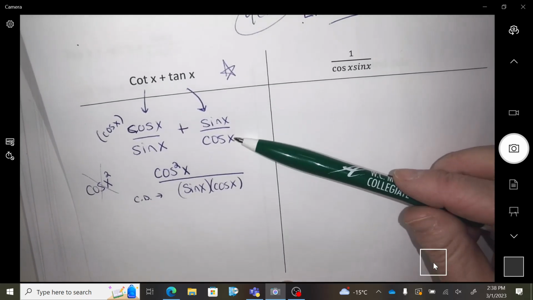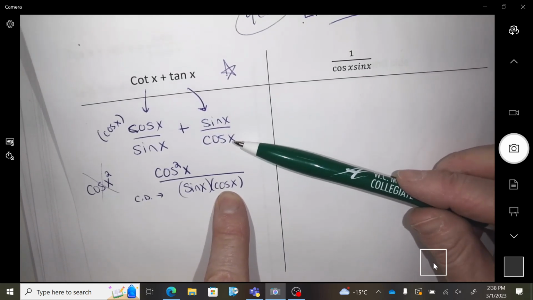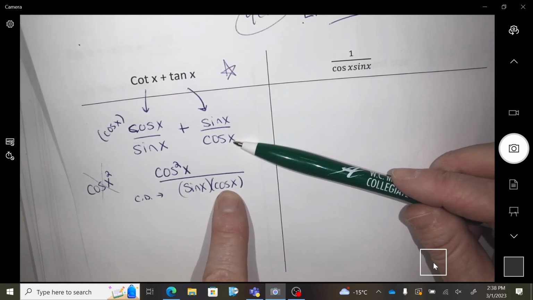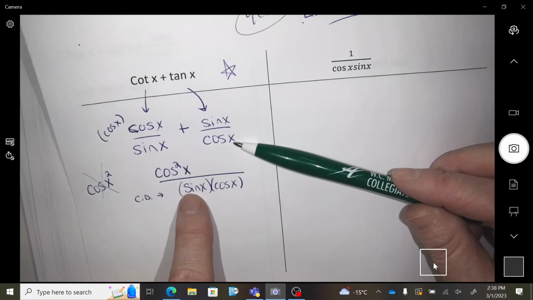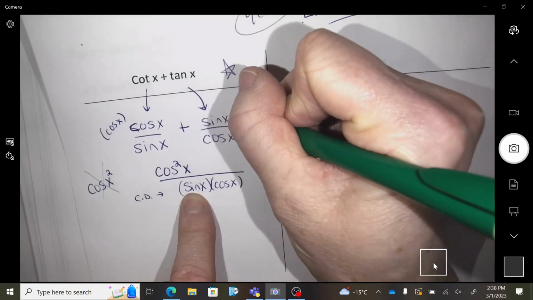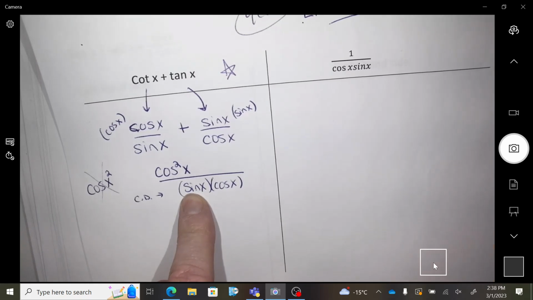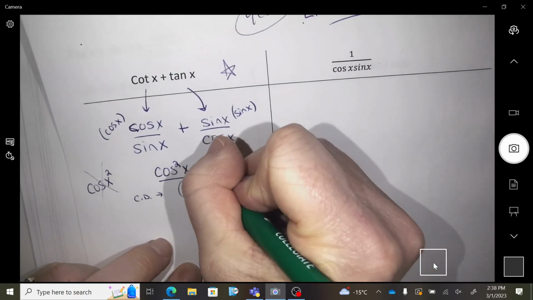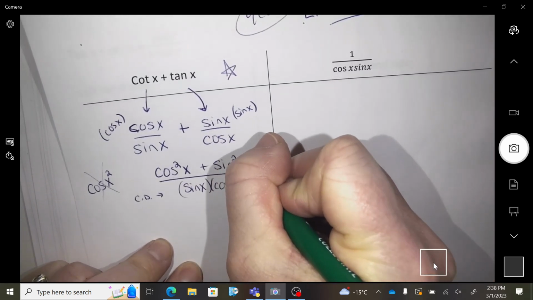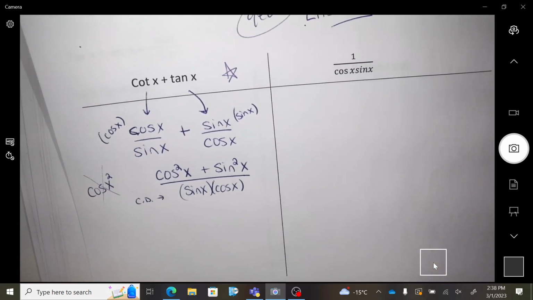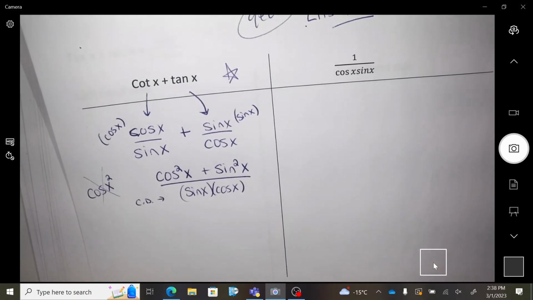Second fraction, look at the bottom. What did you have to physically do to the bottom? Multiply it by a sine, so I better also multiply the top by a sine, which makes sine squared x. Ooh, the top. Cos squared plus sine squared might be something.